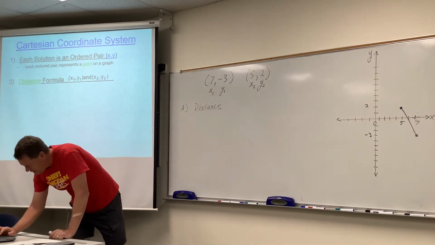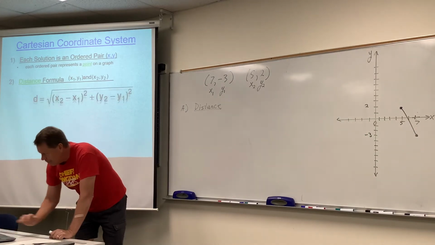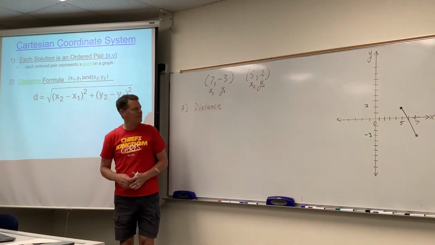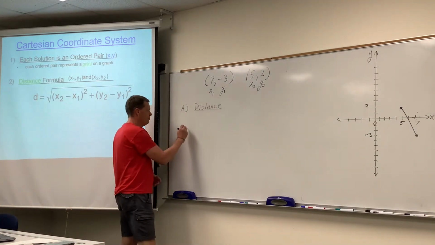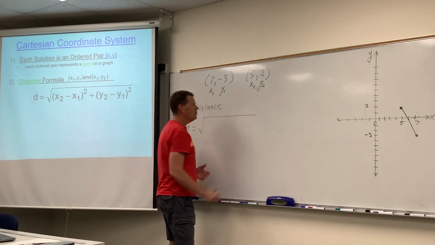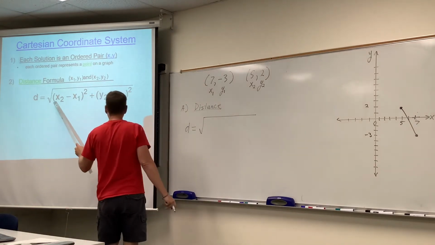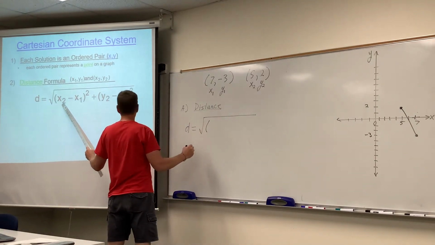So this will be a piece of cake. Here's the distance formula. Now it comes from something called the Pythagorean theorem, but all we have to do is plug these numbers in there. That's pretty much it. So here we go. We're jamming numbers in.